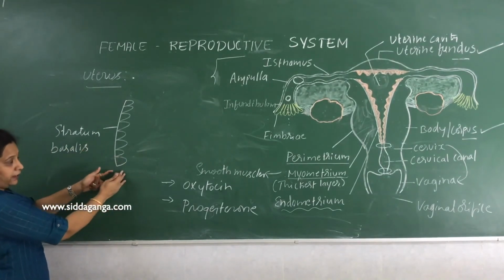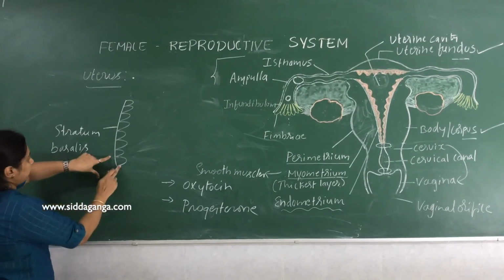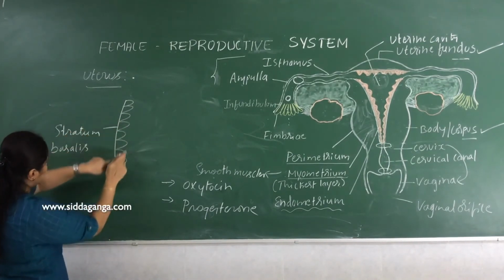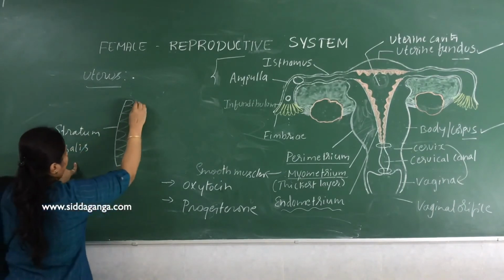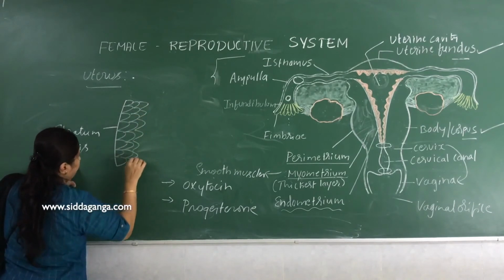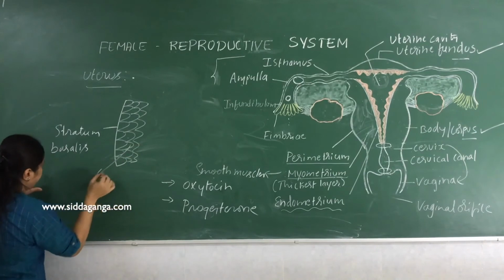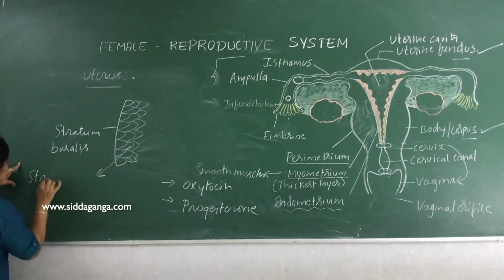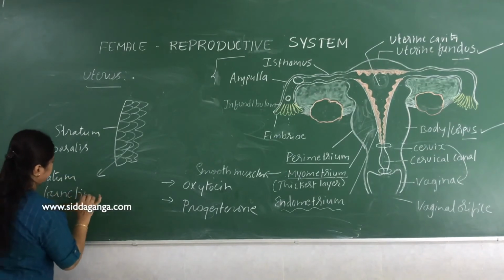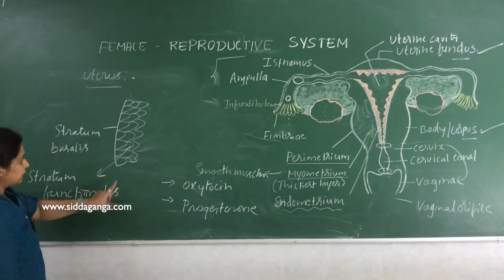During the menstrual cycle, the cells of the stratum basalis undergo proliferation and increase in number, and this results in the formation of a new layer of endometrium. That is called the stratum functionalis. This is not permanent.